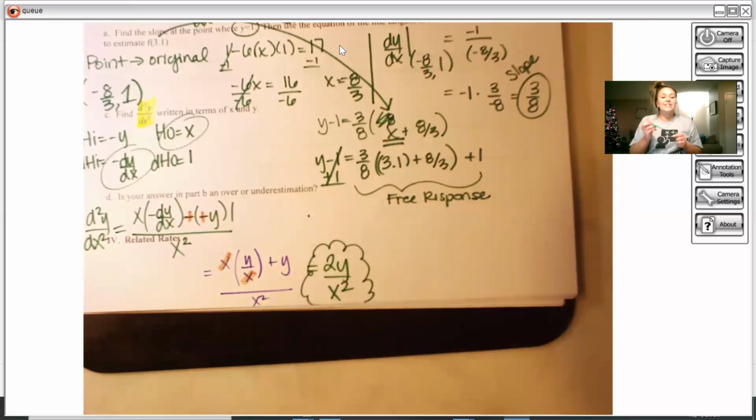Now remember that the second derivative has a very special job. The second derivative of an equation determines its concavity. So if I want to know the concavity at my point, I just have to go back and plug it in.